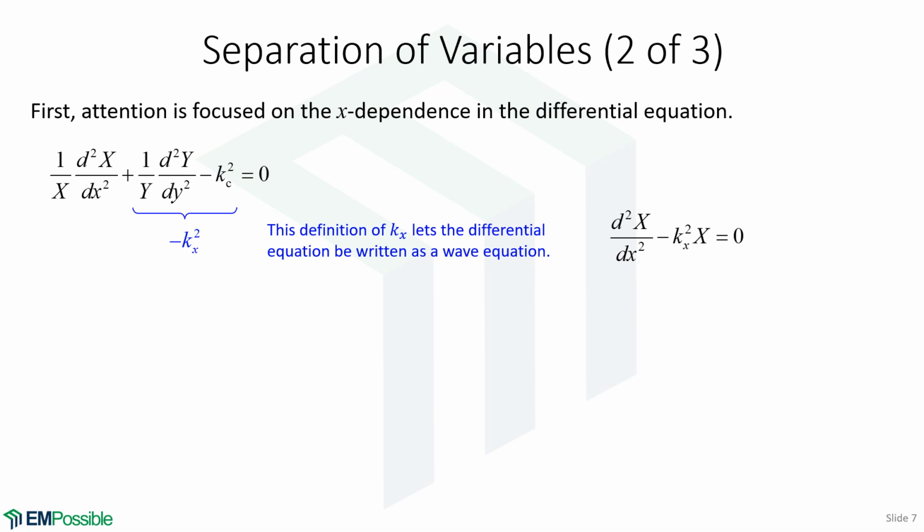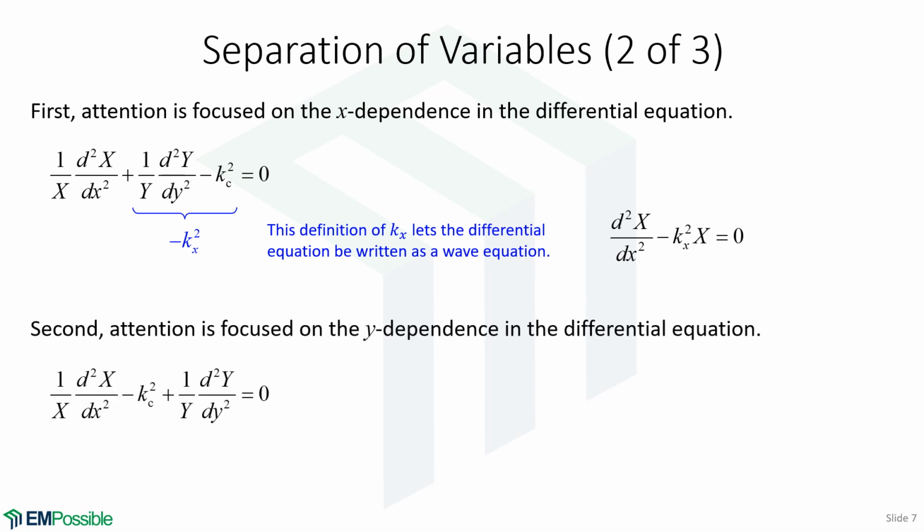To make this look like a wave equation, let's take this group of constants and let's just call it minus kx squared. And the reason we give it a minus kx squared is so that when we replace this with a minus kx squared, our differential equation is the wave equation. It's the wave equation in the x direction.